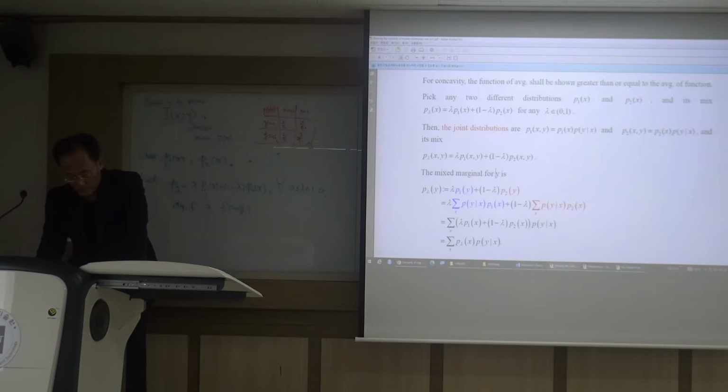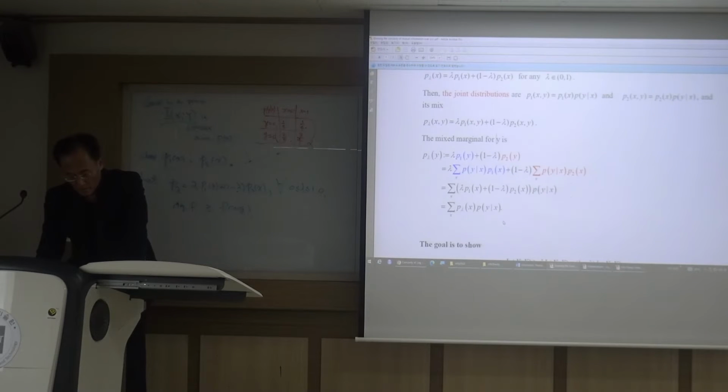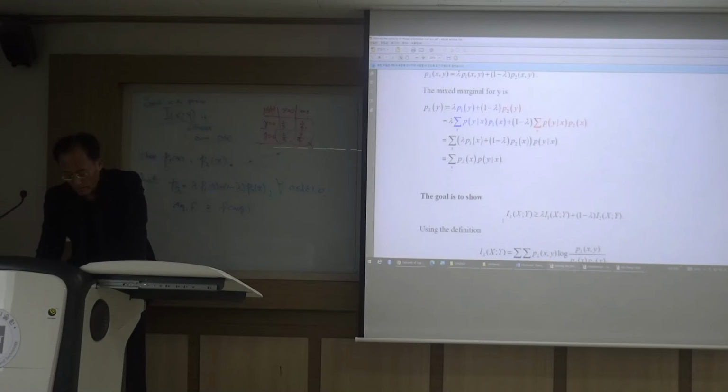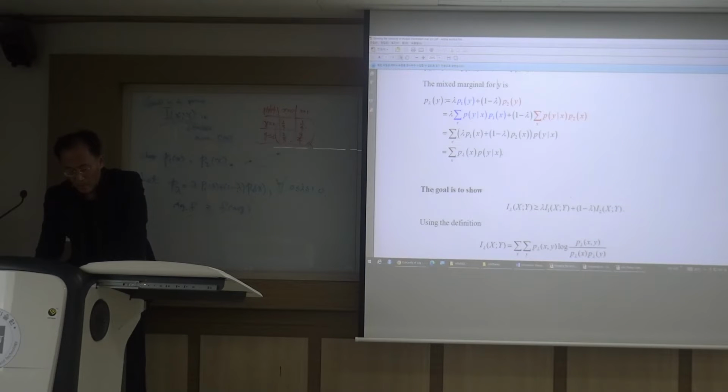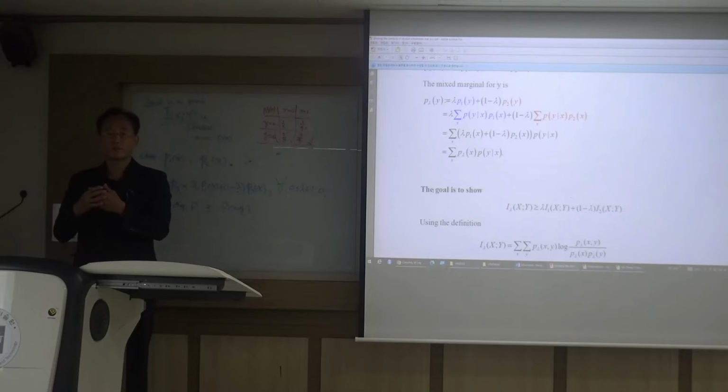So it can be done this way. So after you have done that, you know the joint distribution for x and y, for P1 and P2, and the joint distribution for the mixed case, right?